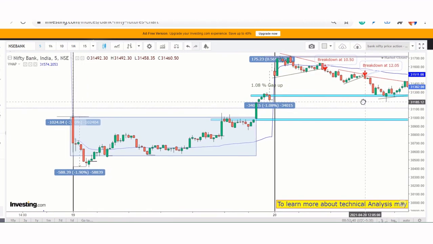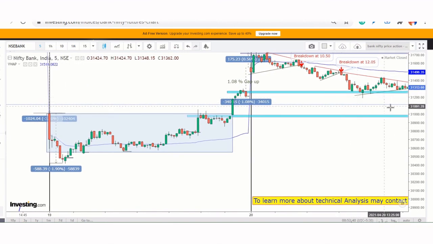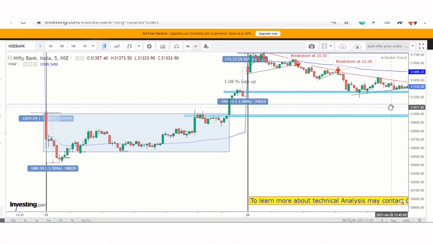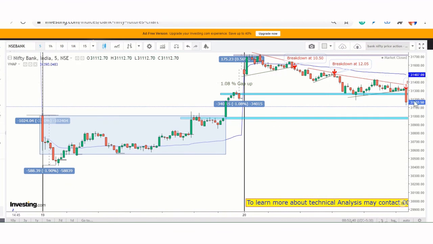Here we can see that price is moving again in a sideways direction and we can sell when there is a breakdown from this channel.